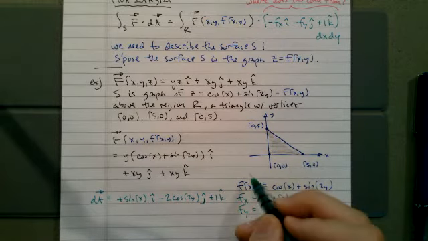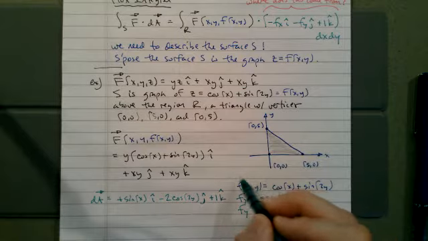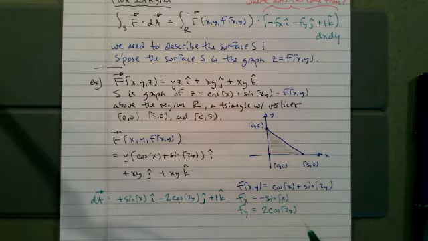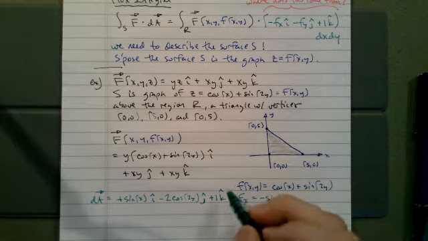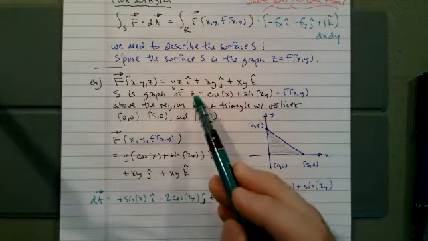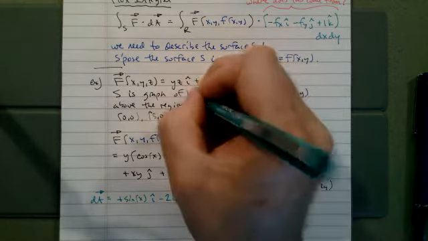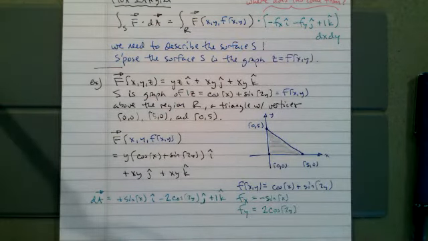The 1 times k comes from looking at this as z equals f at xy and taking the derivative of z with respect to z and coming up with 1. So that's the 1 that shows up as the k, because we're writing this as a function.